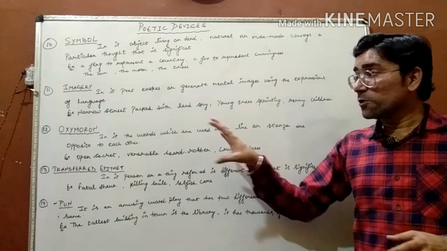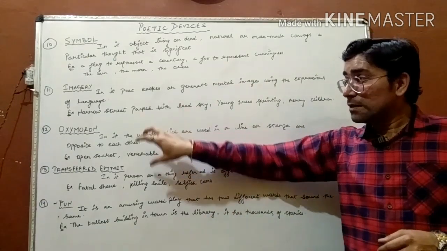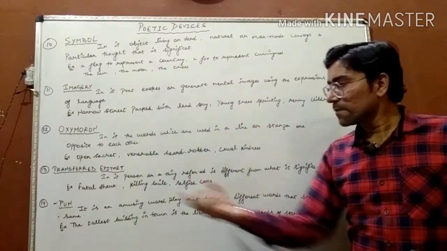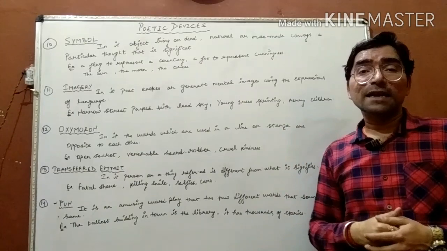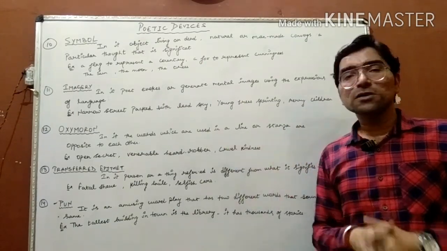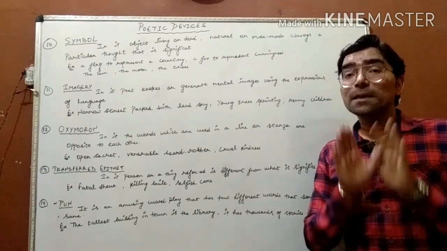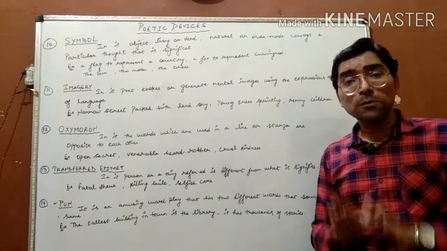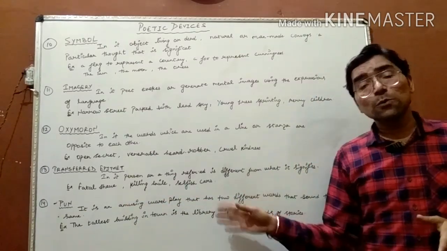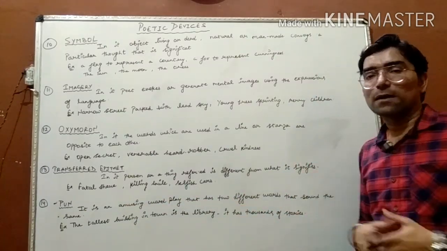You must all understand these three poetic devices, which are very confusing: pun, oxymoron and antithesis. Antithesis means exactly opposite words. Oxymoron means words opposite in their meaning only, not antonyms. And then the poetic device is pun.